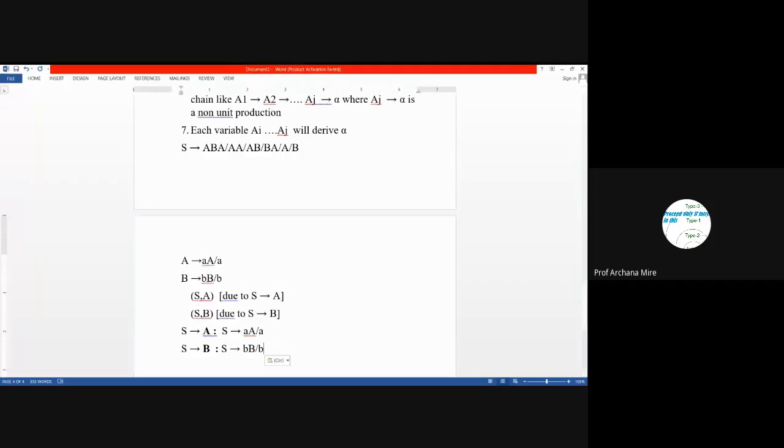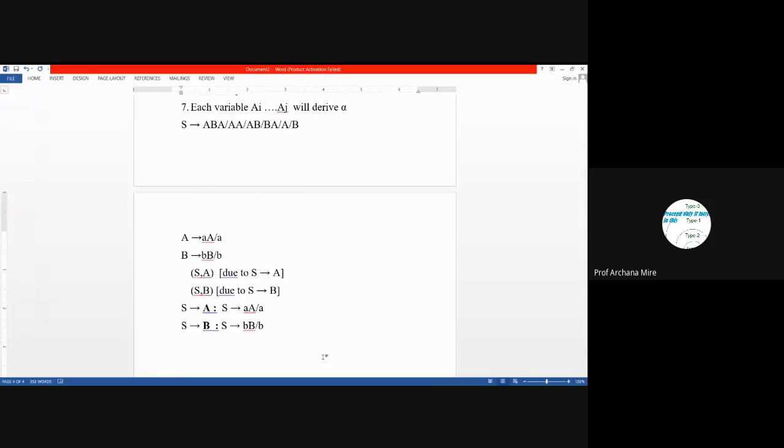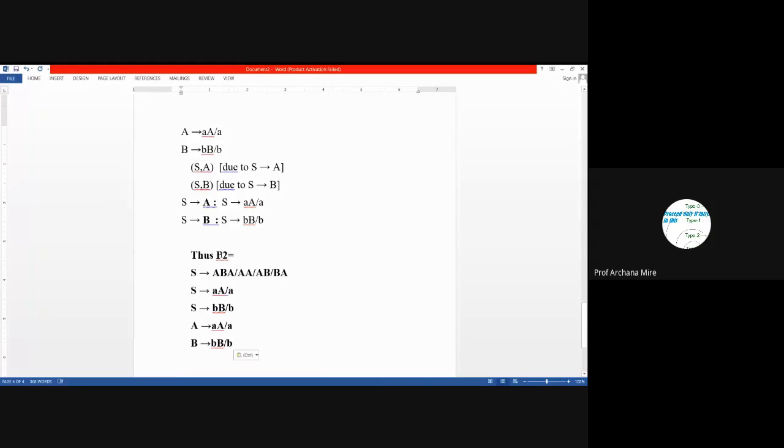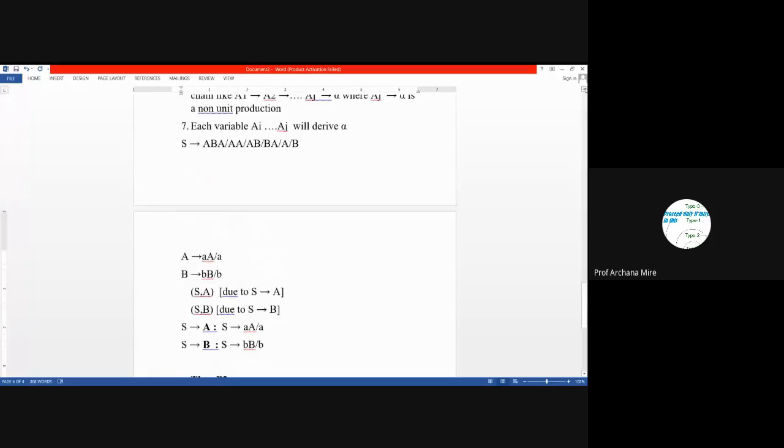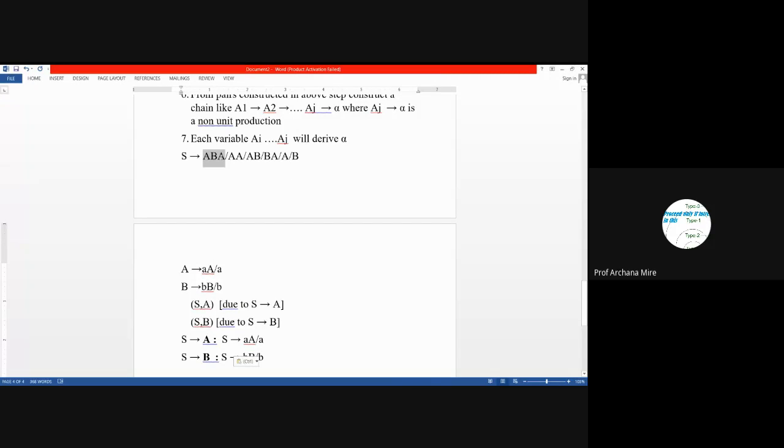So what will be our resultant grammar? It will consist of the original grammar plus the new set of production rules. Our new set of production rules P2 will consist of all the original production rules. ABA is non-unit, AA is non-unit, AB is non-unit, and BA is again non-unit, so they will be present.